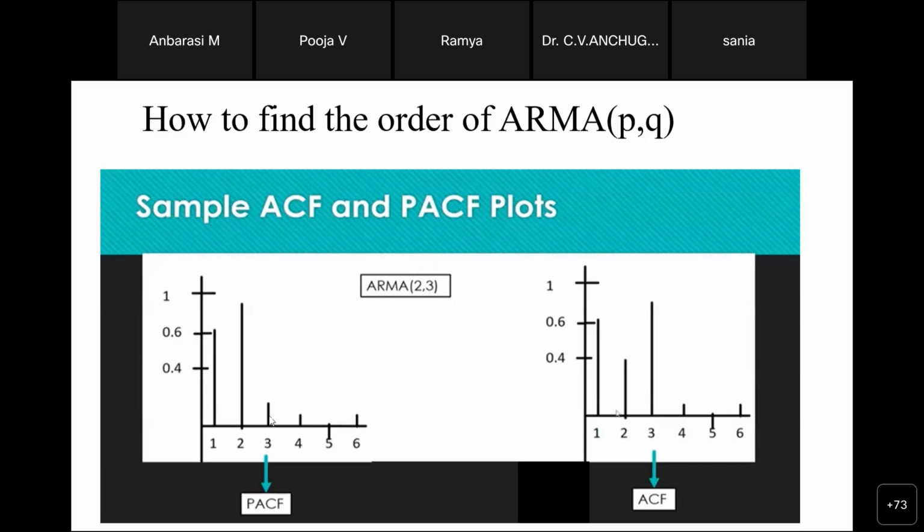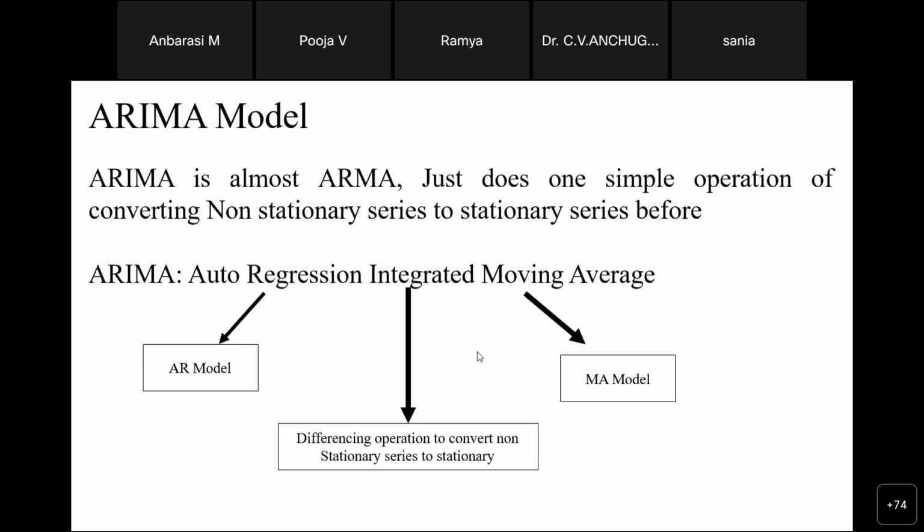So based on the autocorrelation function and the partial autocorrelation function, we try to find the order of the ARMA model. That will be represented as P and Q. P is nothing but the autoregression model, and Q is nothing but the moving average model. This is how we can find the order.